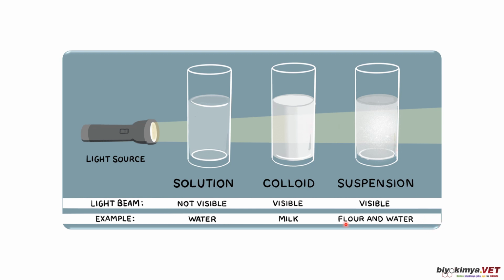The Tyndall effect is the scattering of light by particles in a very fine suspension or colloid. Particles in a colloid are large enough to scatter light, and the phenomenon is called the Tyndall effect. It can make colloidal mixtures, such as beams from a searchlight, appear cloudy or opaque.